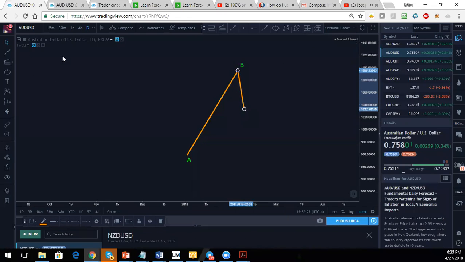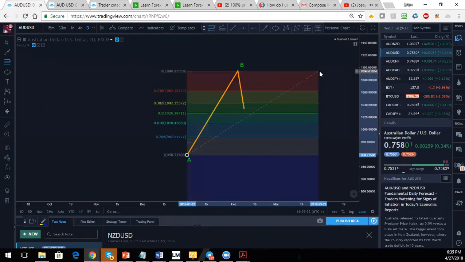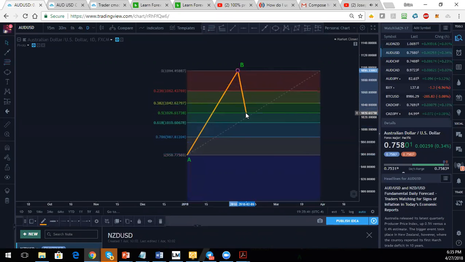The textbook definition, or one of the main requirements included in the definition of an ABCD pattern, is that price has a retracement all the way up to the 0.618 level. But let's say price actually stopped short, and the retracement was equal to the 0.5 or actually more than the 0.5, but before this area.